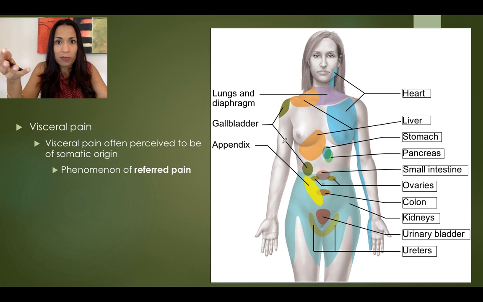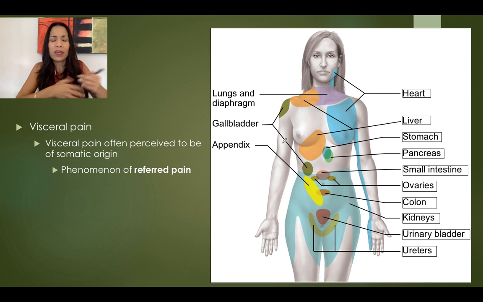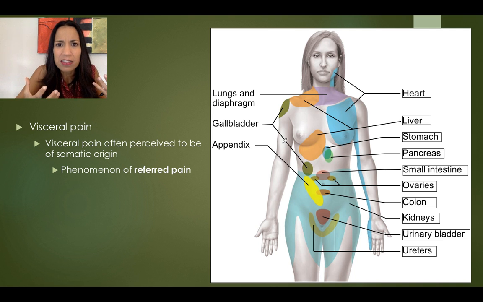The best example in here is a cardiac infarction or a heart attack. Sometimes the patients say, I have a dull pain in here, and they cannot pinpoint the location, and that's the visceral pain, that you cannot pinpoint where it is. What is hurting?